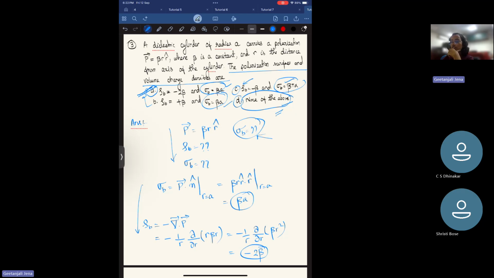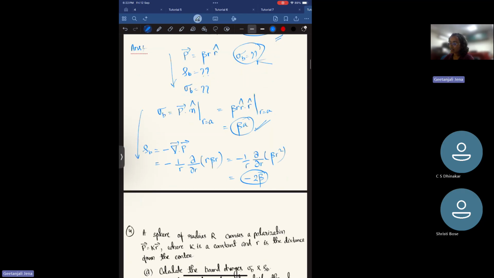This one, both surface charge density and volume charge density are equal and opposite. No, if you see here, it is beta and it is minus 2 beta. If you don't consider the edge, it's totally different.